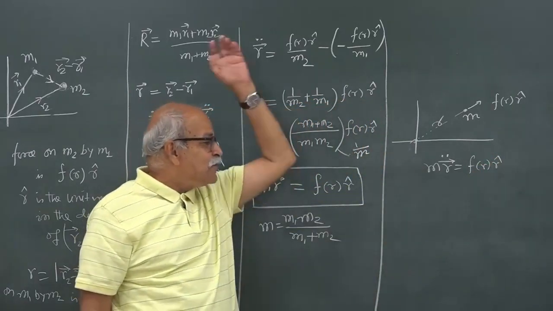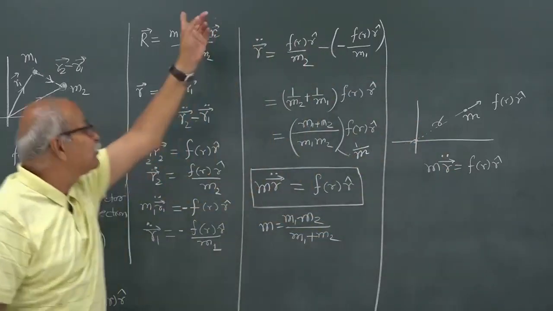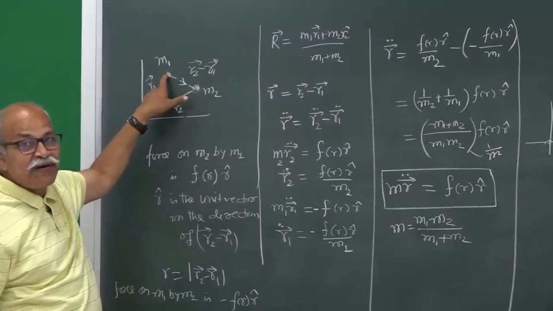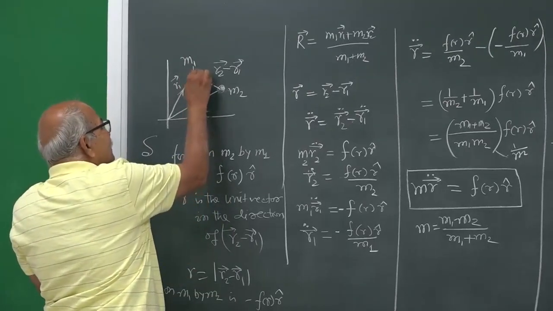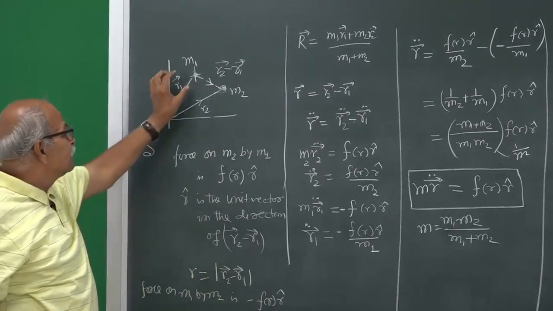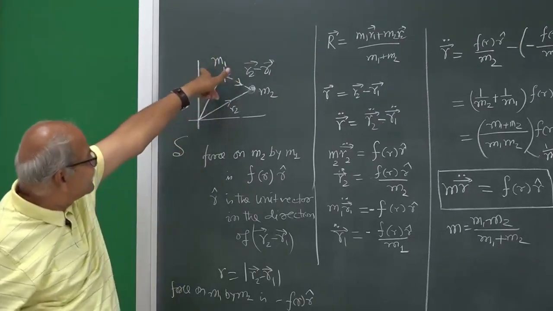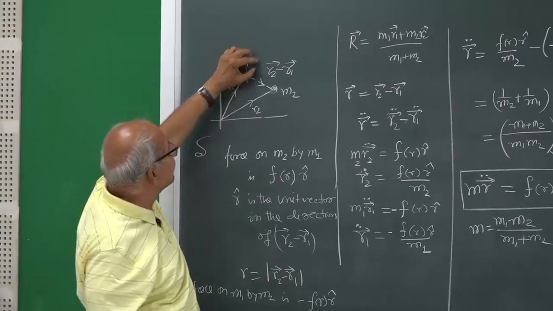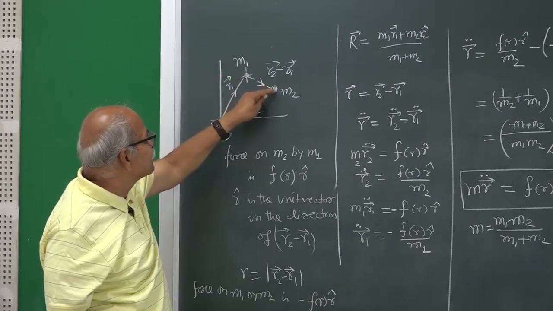So, if I know how to solve this equation, I know how to get the motion of m2 as seen from m1. So, we fix our coordinate system on m1, and wherever m1 goes, my coordinate system goes. We are not rotating this axis system, but the origin keeps shifting as m1 moves under the influence of the force from m2.